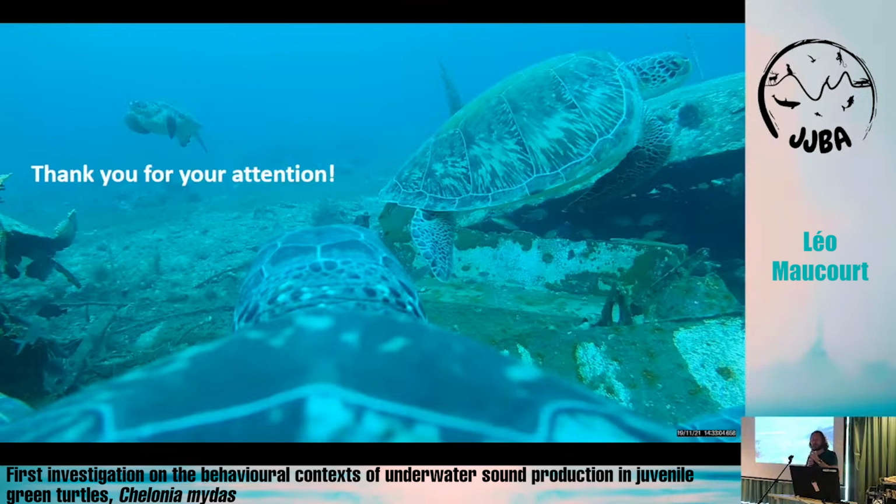But for now, and from several things that I found in literature, the chorus for me could be an acoustic signal to warn a predator, that is mostly sharks, during night. They are vigilant, and as sharks do not hunt any prey in vigilance, if the turtles warn that we are vigilant, maybe the shark will not attack the turtle.